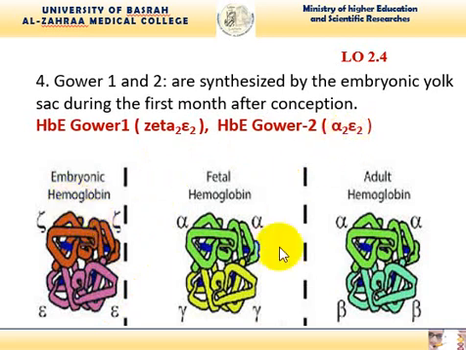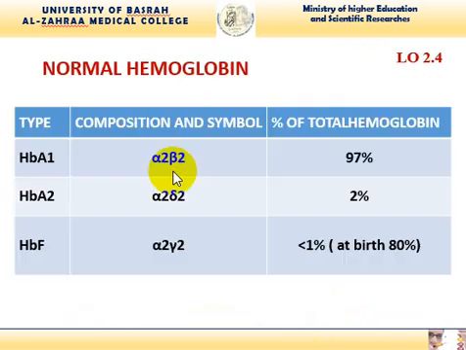This figure shows the three types of hemoglobin: embryonic hemoglobin, fetal hemoglobin, and adult hemoglobin. This table shows the differences between the hemoglobins in composition and in percentage.